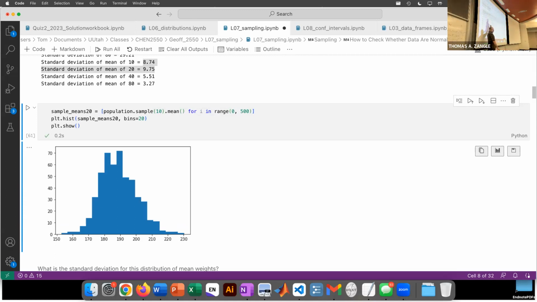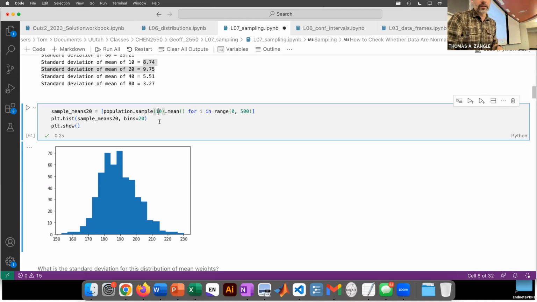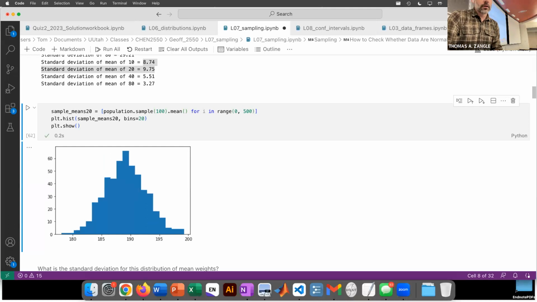So the expected value of the average of our samples is equal to the average of the overall population, and that doesn't change as we change n. We change the width of the distribution by reducing the number of people that we asked, but the center of this distribution is still the same. I can take this out to 100, and we get a tighter distribution, but it's all right around the same average.